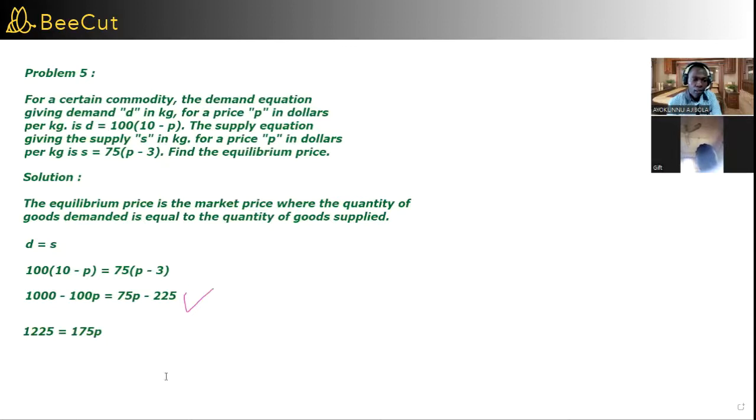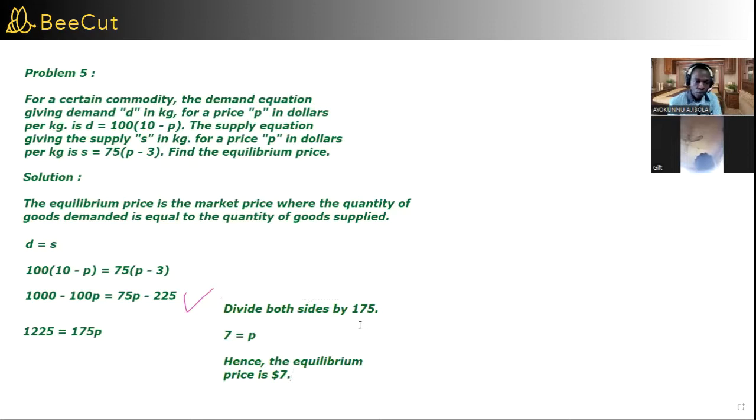In this regard, you can just divide both sides by 175. So when you divide both sides by 175, you have $7. The market price, the equilibrium price, will become $7.